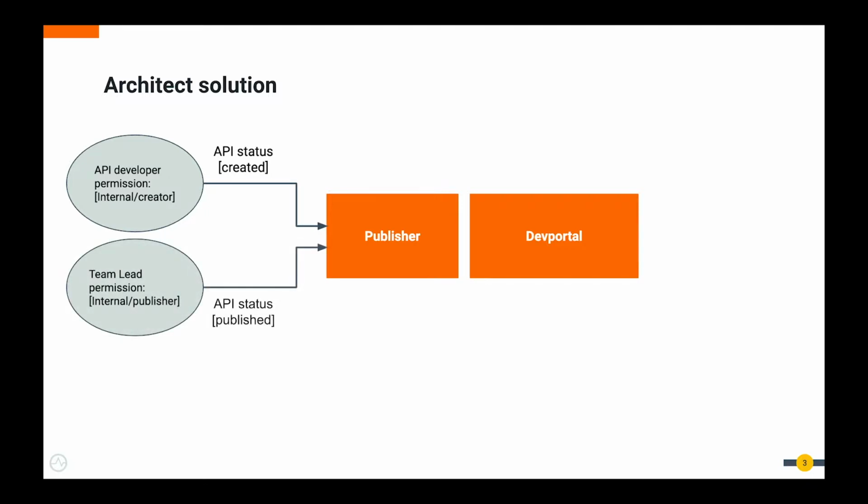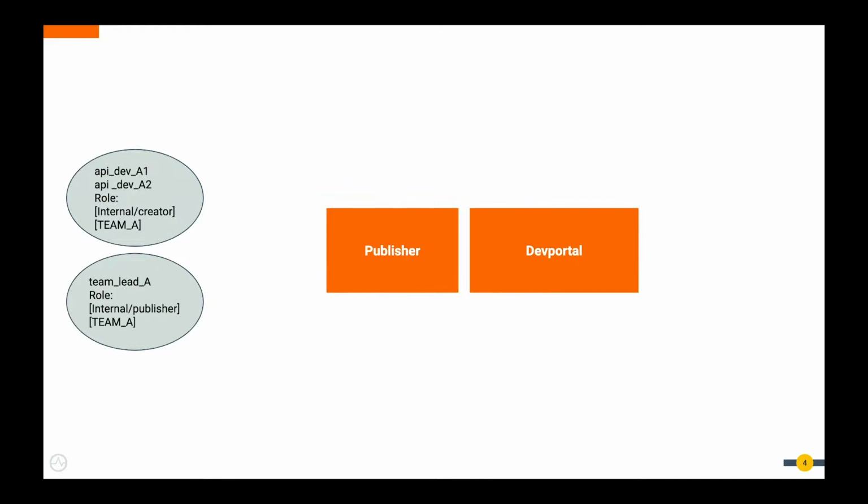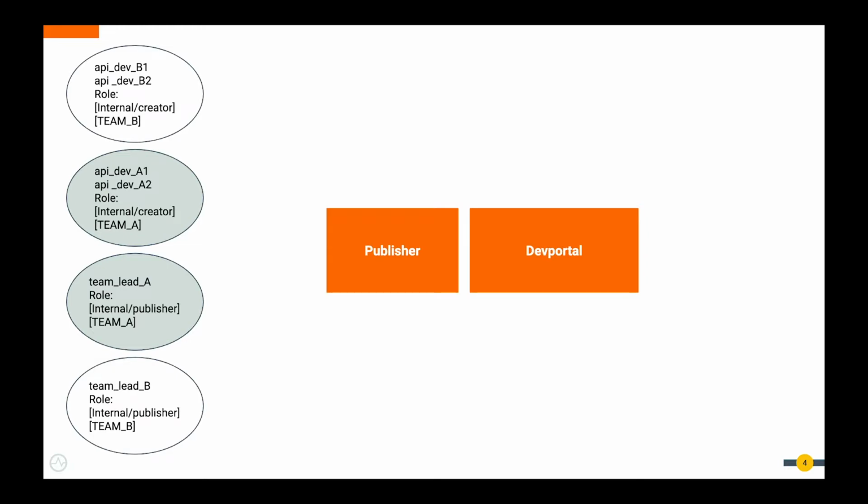API developers would have only the internal creator role, allowing them only to create APIs. Team leads will have the internal publisher role, allowing them to publish, basically change API status to published. Team separation will be enabled by defining roles in the Publisher Access Control visibility section during the API creation.